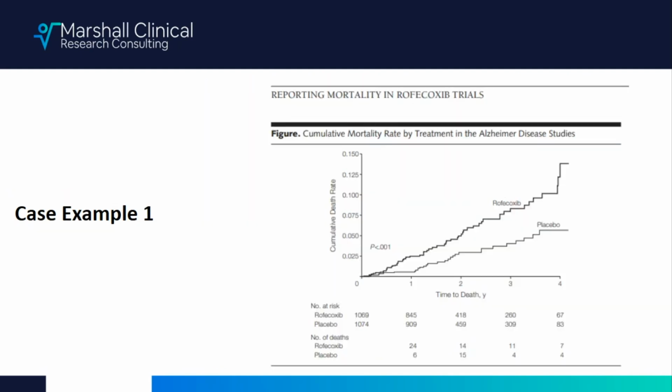This was a Kaplan-Meier curve, and we can appreciate that the rofecoxib group has a higher number of mortality compared to the placebo, which is the second line below it.